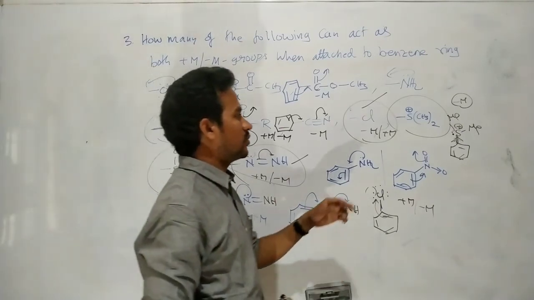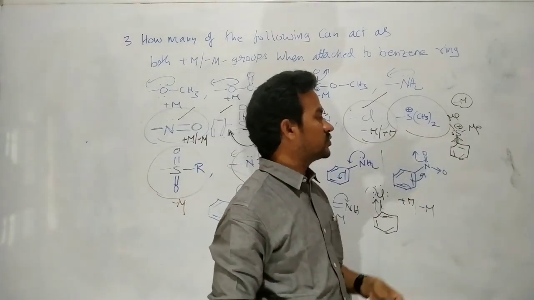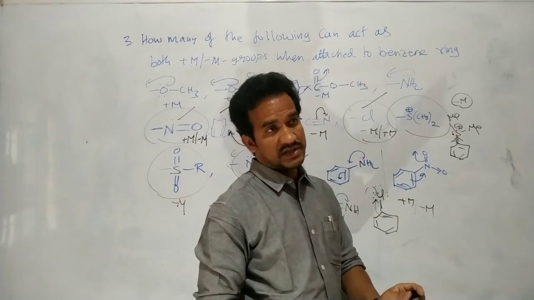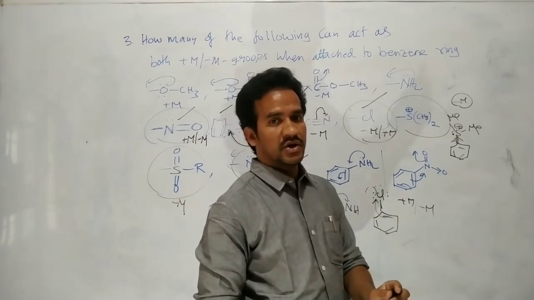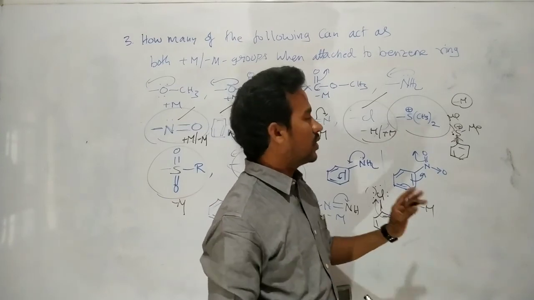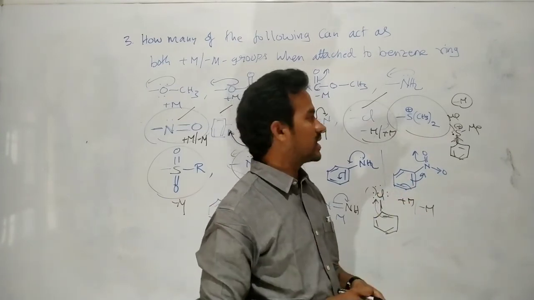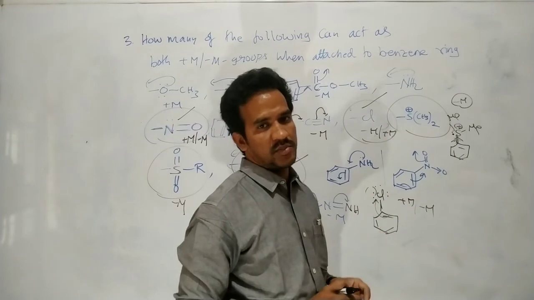That's it. And next, one more important point: this positively charged group cannot act as a plus M group, because it is already electron deficient, so it cannot act as a donating group. That's why it is only a withdrawing group, that is, a minus M group, because sulfur has vacant d orbitals.